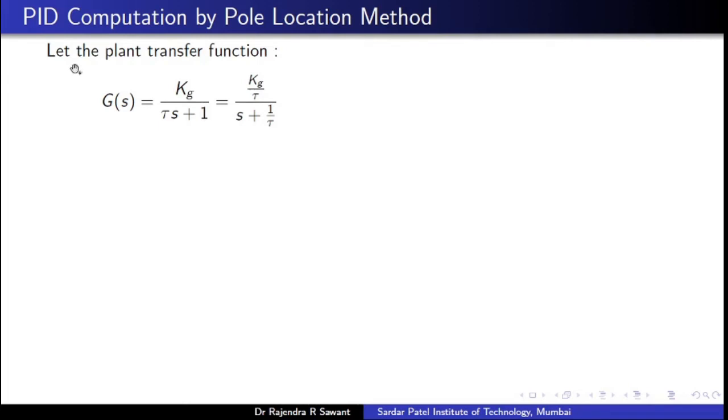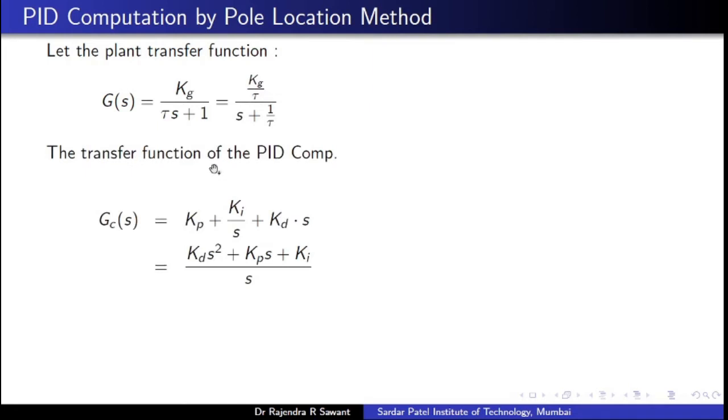Let the plant transfer function be G(s), the generalized form of a single pole transfer function, where Kg is the gain and the denominator is tau s plus 1. Tau is the time constant. This can be rearranged with s plus 1 upon tau as the denominator, to express it in a generalized manner.